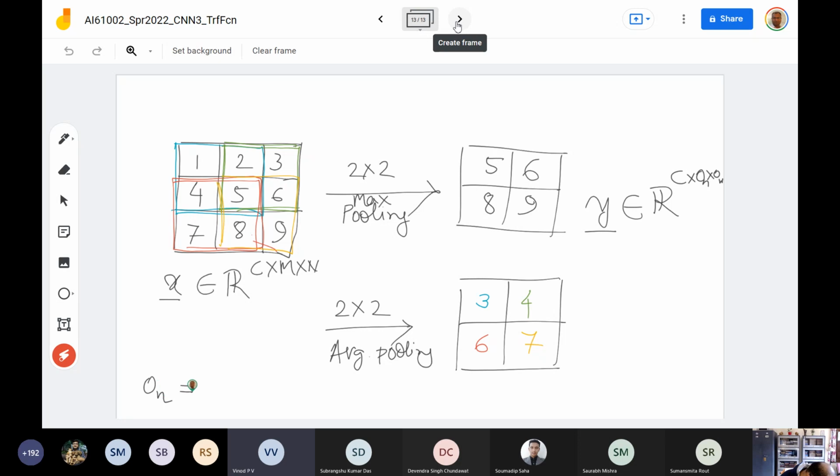Your OH is essentially going to be (M minus H) by SH plus 1, and your OW is going to be (N minus W) by SW plus 1. So these are your values of OH and OW which you get from here.